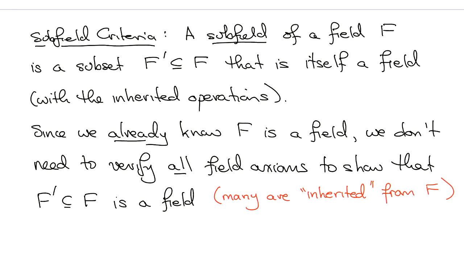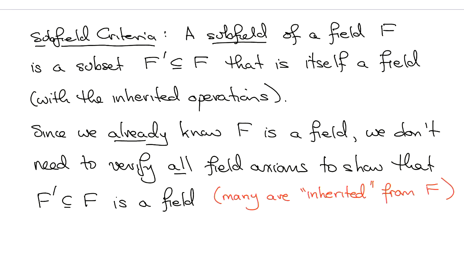Multiplication is already going to be commutative. Associativity is automatically going to hold. Distributivity is automatically going to hold. The only things that could go wrong are essentially the closure properties: when I try to add 2 things in my subset, I might escape the subset. And then that's not going to be a field with the inherited operations.